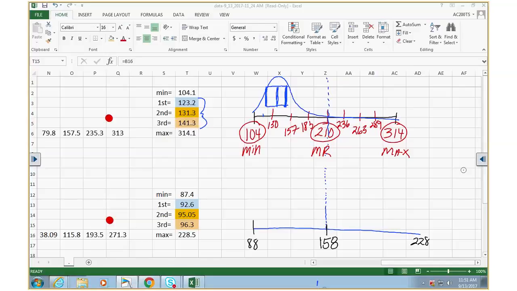Half of 70 is 35. Somebody tell me what 35 plus 88 is. I want to say 123. 35 plus here, 191. Y'all check it. What's 158 plus 35?